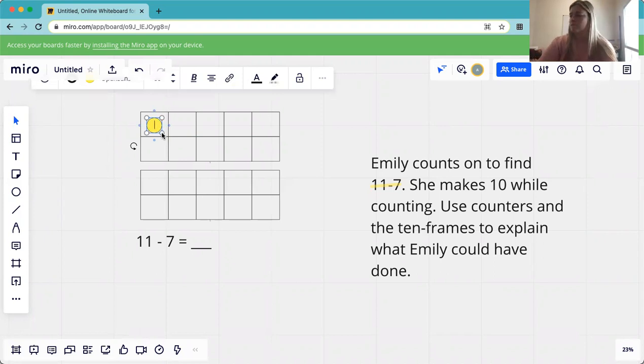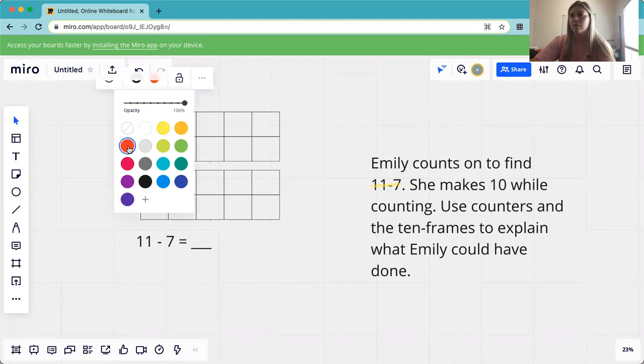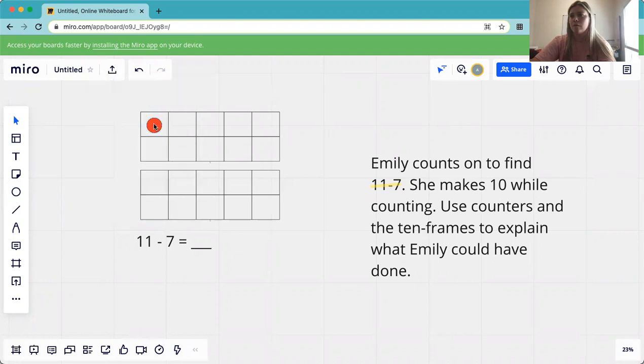So I'm going to do these in red. 1, 2, 3, 4, 5, 6, 7. That's great. So you should have 7 on your 10 frame.